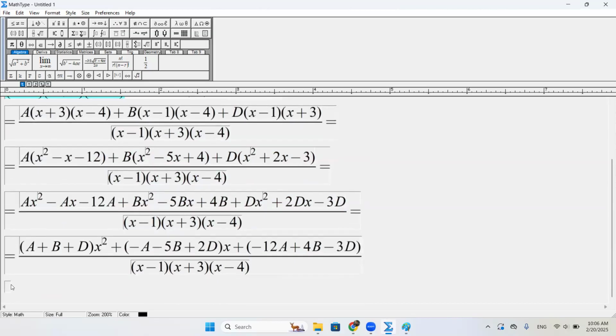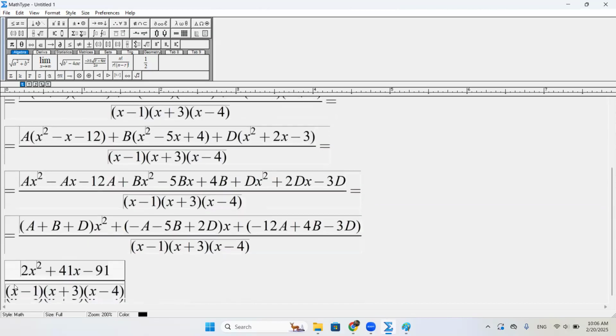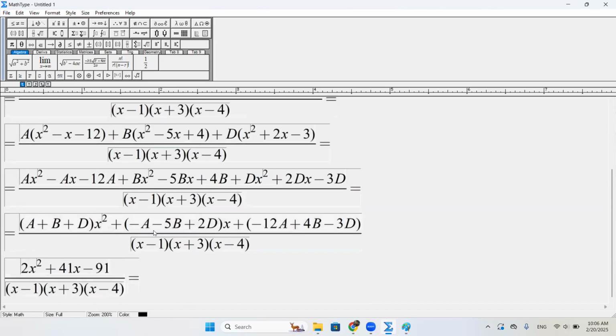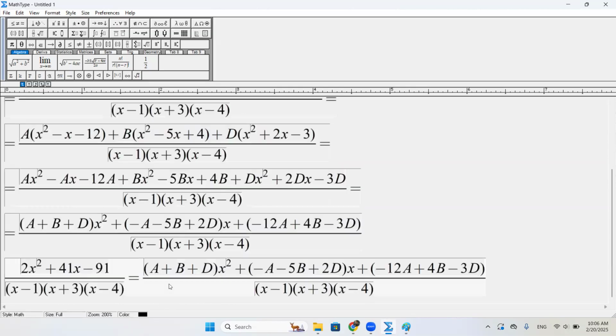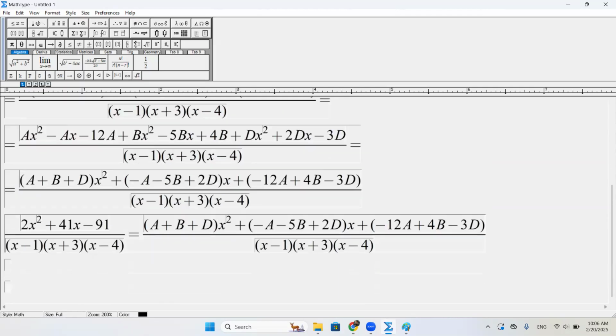Now let's look at these two expressions, and I'd like your ideas and suggestions on what to do next. If we look at this numerator and this numerator, what to do? Your ideas on how to find coefficients a, b, and d. Vadim, yeah? Maybe construct a system of equations. Yeah, correct.